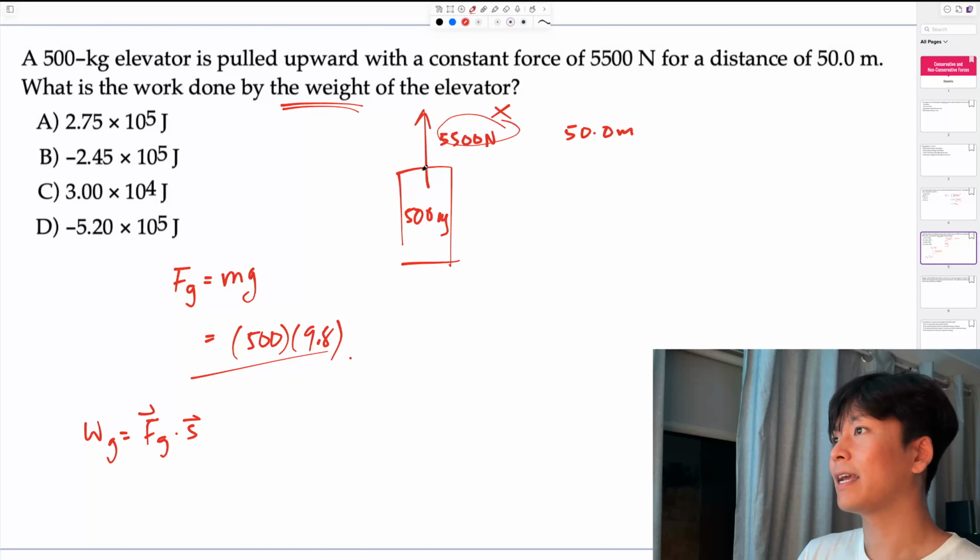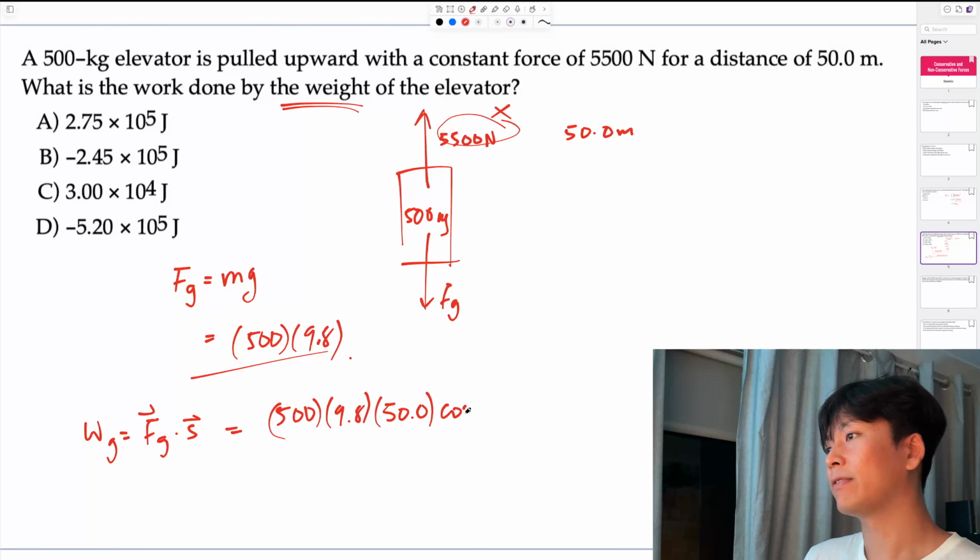In this case, my weight force is of course going to go down. The displacement is going up. And so the angle between the two is going to be 180 degrees. So that becomes 500 times 9.8 times displacement of 50, and then I have cos of 180 degrees. So that gives me a negative answer.